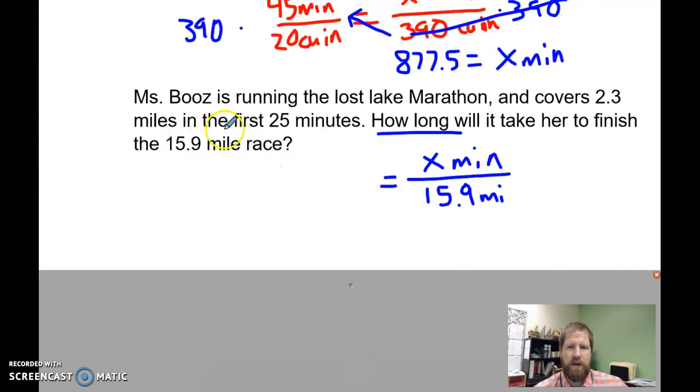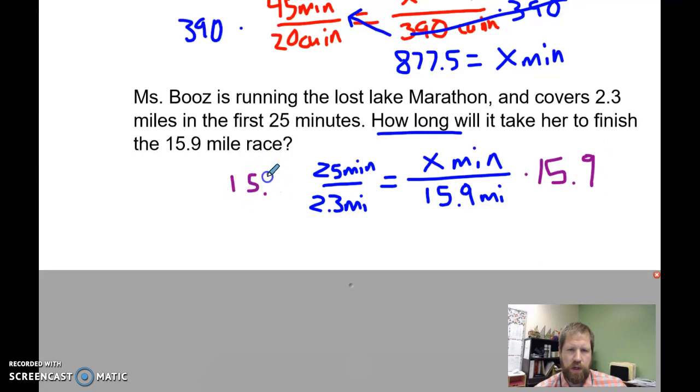And then for my other ratio, keep my minutes on top: 25 minutes, and 2.3 miles. Multiply both sides by 15.9.